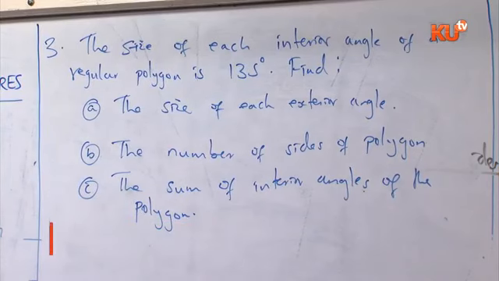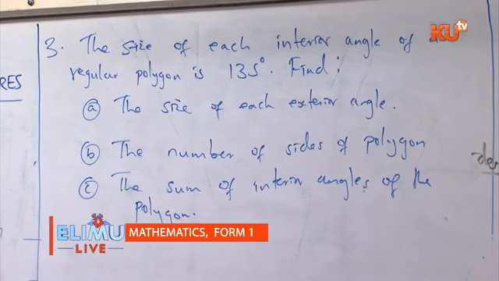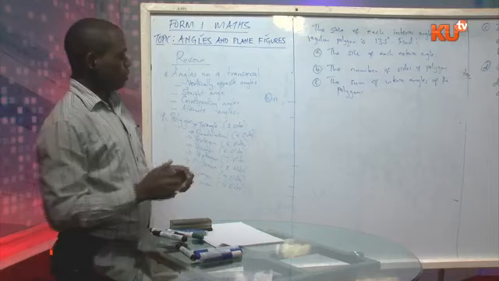Let's use this as our last example. The size of each interior angle of a regular polygon is 135 degrees. We find the size of each exterior angle, the number of sides of the polygon, and the sum of interior angles. So let's start with the first one.